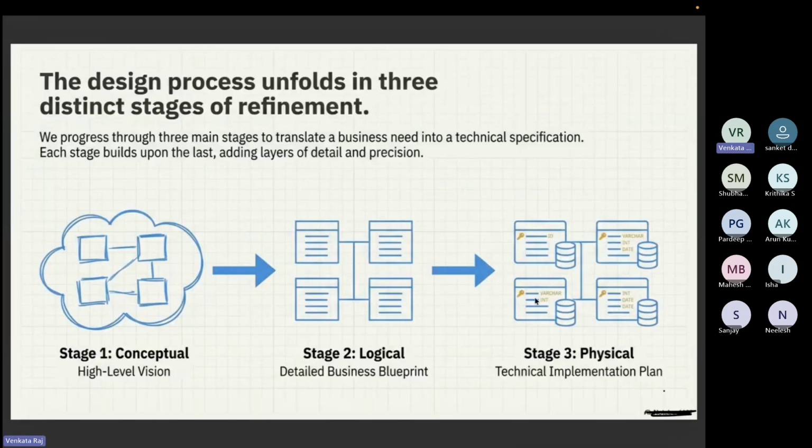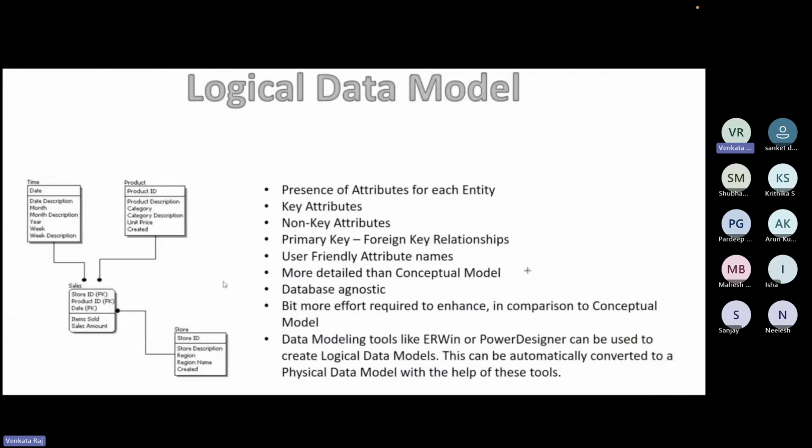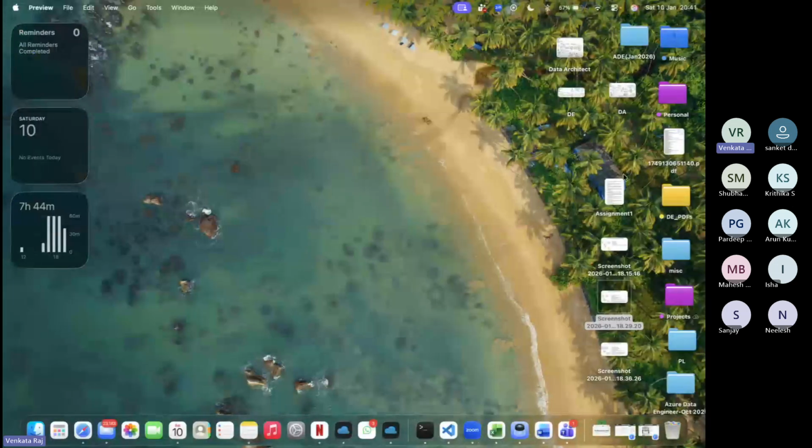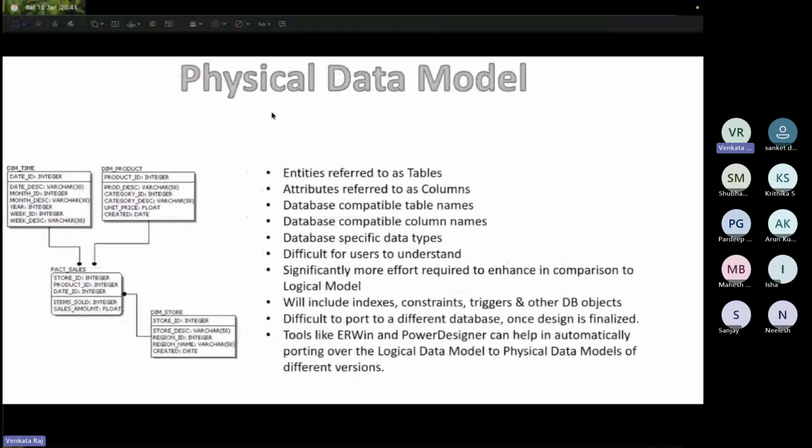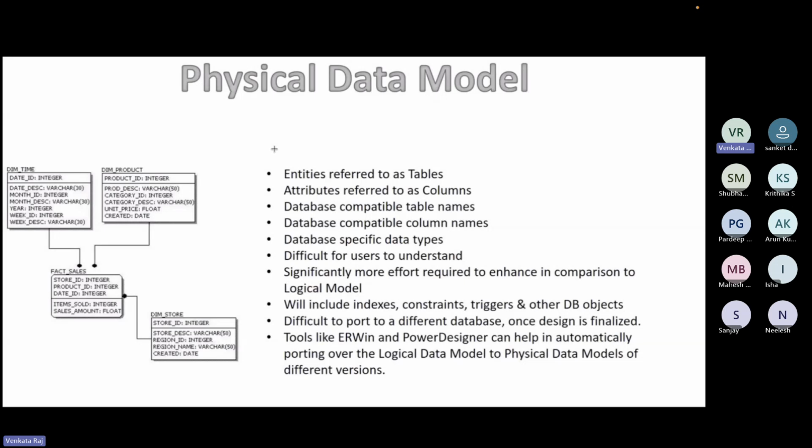The third one is physical, guys. So physical is the actual data modeling piece that you will have to prepare at the end of the day. Let me open this. Yes. If you compare this with the previous screenshot, now we have standardized the table names, we have standardized the column names, we have also provided the column types, whether it is integer, varchar, float, date, whatever it is.